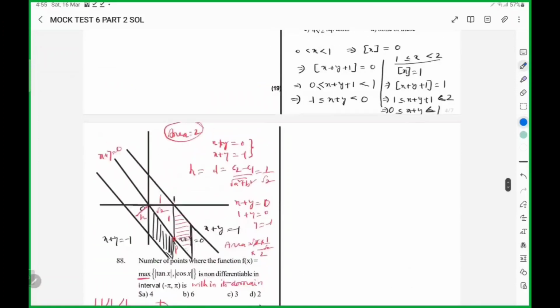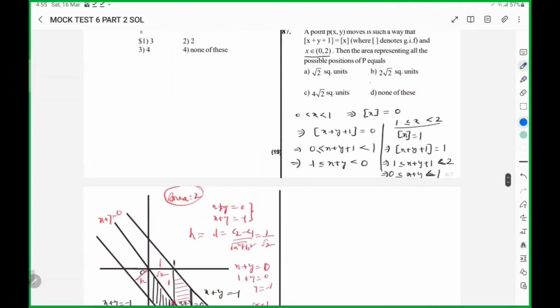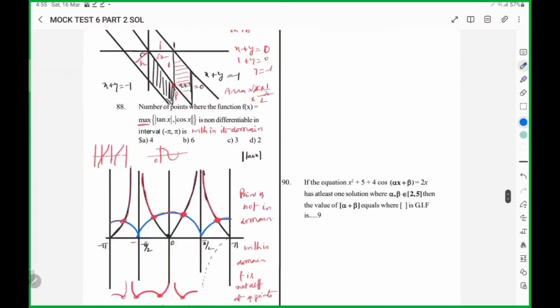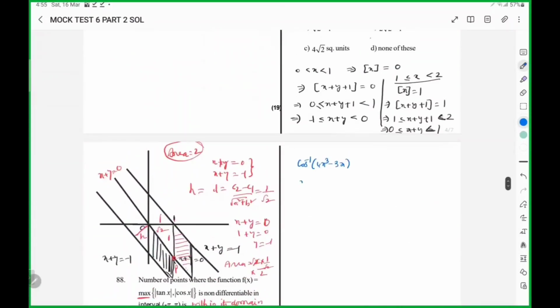But here the question is cos inverse of 4x cubed minus 3x. X is cos theta, then 4x cubed minus 3x is cos 3 theta, so cos inverse cos 3 theta, which is 3 theta if 3 theta lies in the interval 0 to pi.